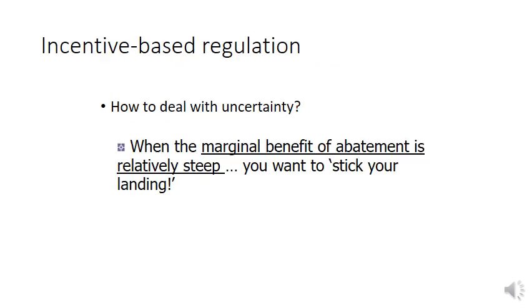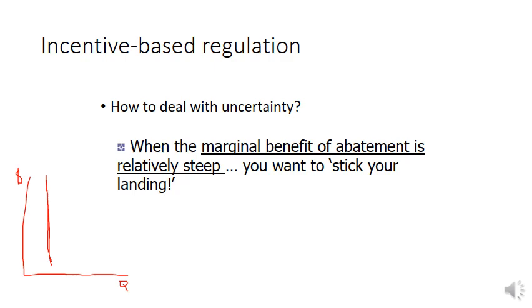Next, we need to take into account the uncertainty inherent in this sort of regulatory structure. So what happens if the marginal benefit of abatement is relatively steep? That is, small changes in the quantity of abatement are going to have big changes in that benefit, and we'll talk about benefits in dollar value terms.